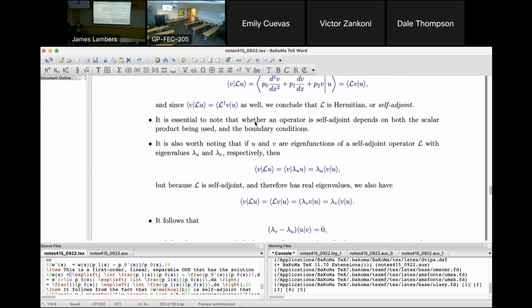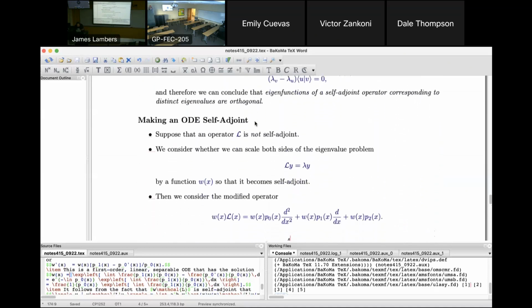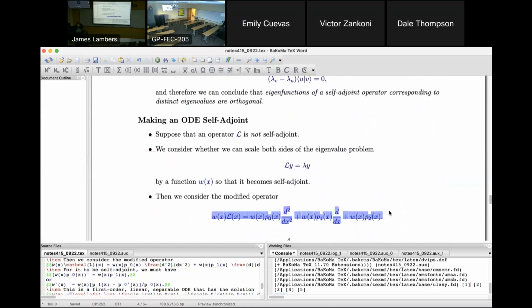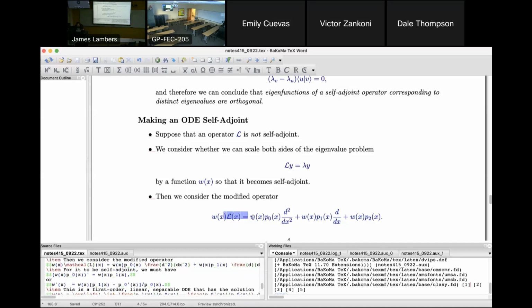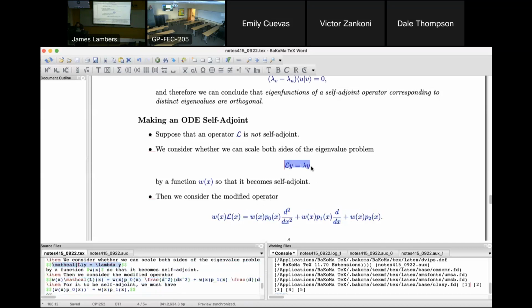At the bottom of this page. Oh, this one. Yes. So it looks like W(x) is just an integrating factor for that differential equation. Oh, I see. Okay. That doesn't actually help in the solution of this problem.